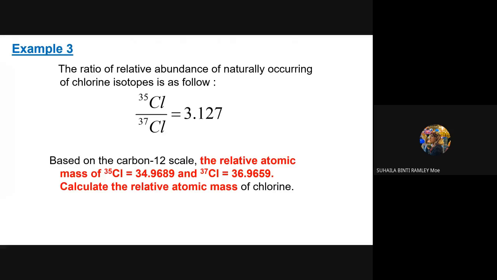Okay, we have another example. This one is given in ratio. We have two isotopes for chlorine, chlorine 35 and chlorine 37, with ratio 3.127. Based on the carbon 12 scale, calculate the relative atomic mass. How many steps?